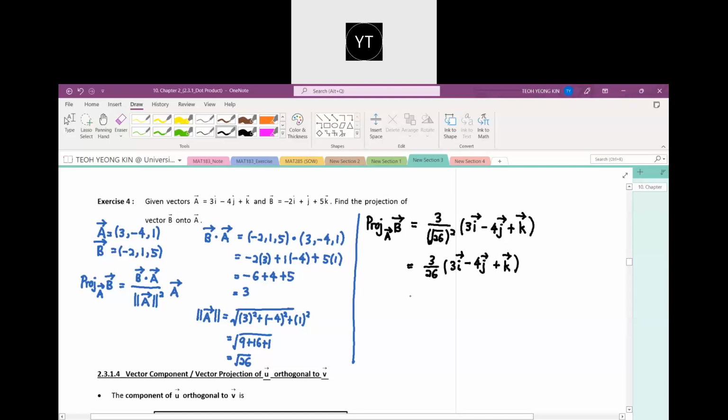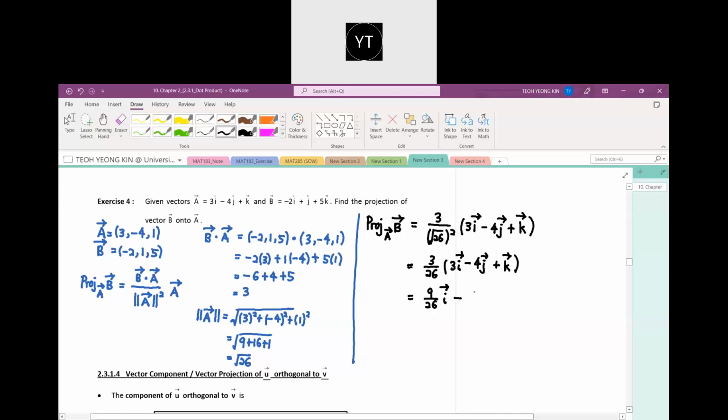If we multiply into this bracket, we should have 9 over 26 i minus, here, we can simplify, 12 over 26, sorry, this is not 1 over 3.